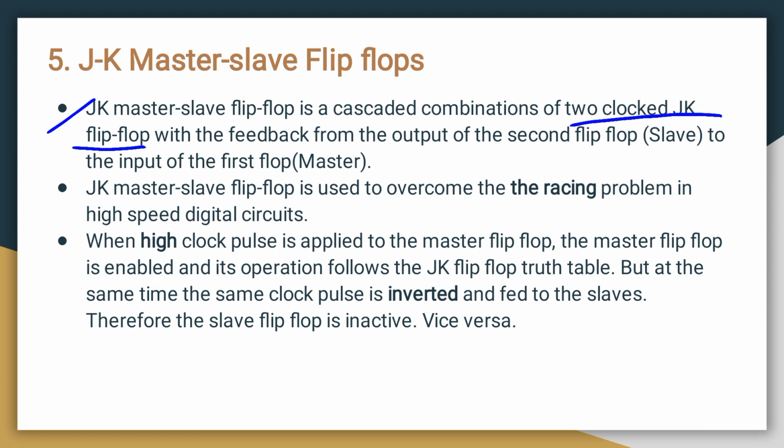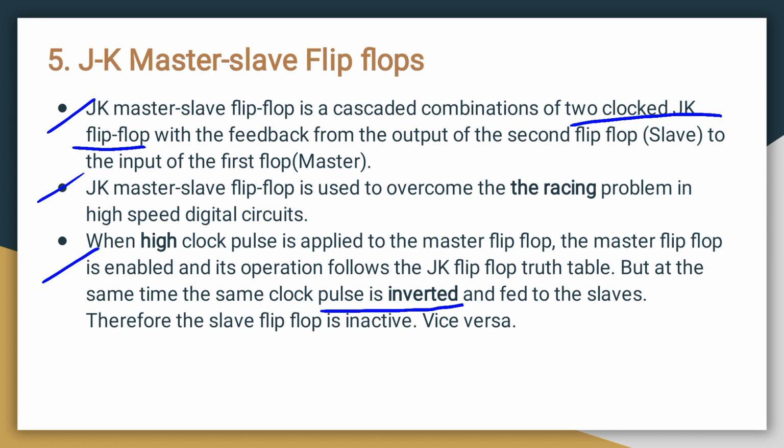Next, the JK master slave flip-flop is used to overcome the racing problem in high speed digital circuits. When a high clock pulse is applied to the master flip-flop, the master is enabled and its operation follows the JK flip-flop truth table. But at the same time, the clock pulse is inverted.